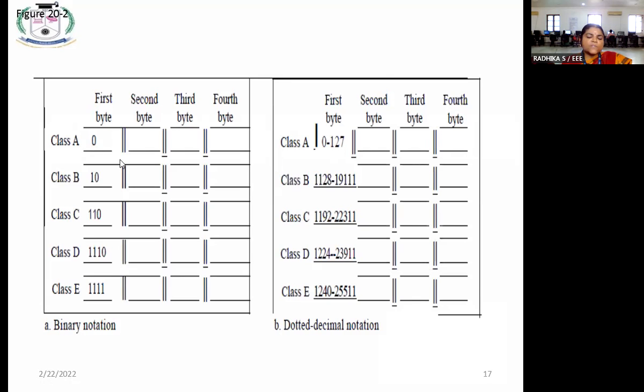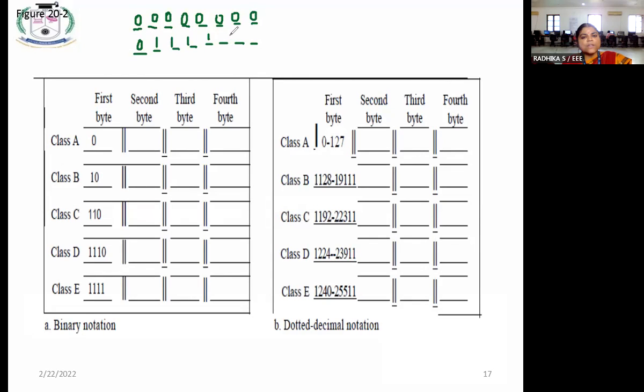See, class A always has an MSB of 0, which means when I talk about 1 byte, it has 8 bits: 1, 2, 3, 4, 5, 6, 7, 8. So this is 0. Only then it is class A, which means the other 7 bits of the byte could be any number. The minimum is all zeros and the maximum is all ones.